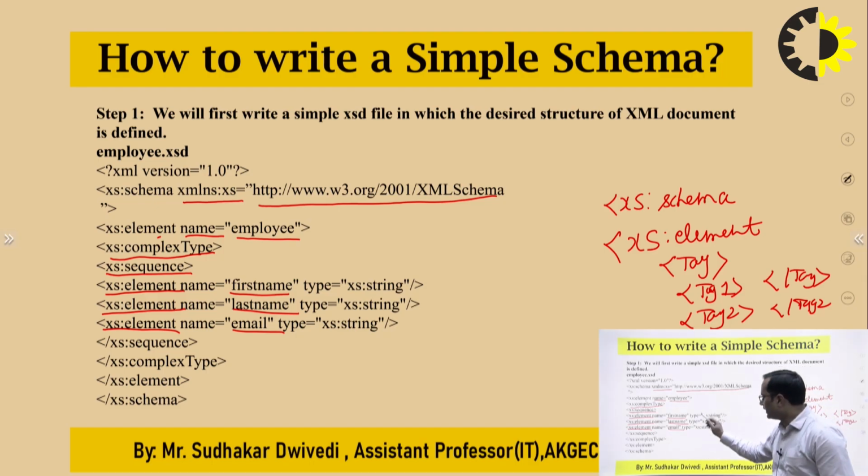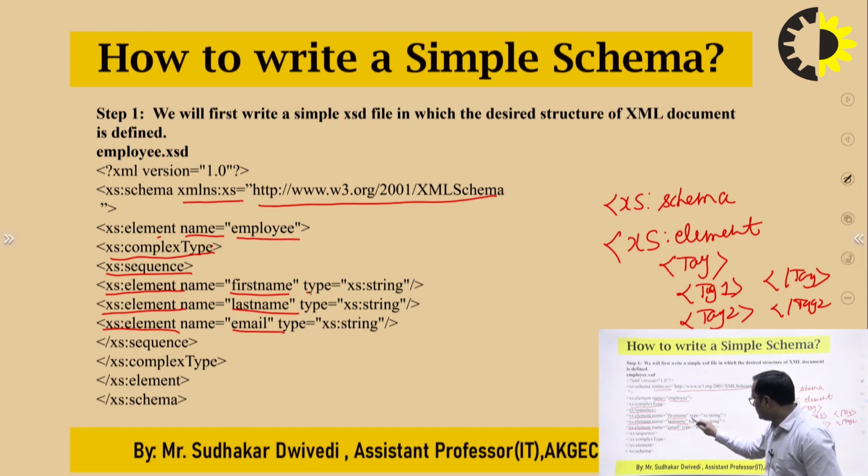Again, to represent each element we use the xs:element tag. I am using the type because these elements just contain data, so we need to specify the type; all of them are of simple type. The employee element is of complex type, so I used complexType and then the sequence. But these are just of simple type, so there is no need of a sequence.